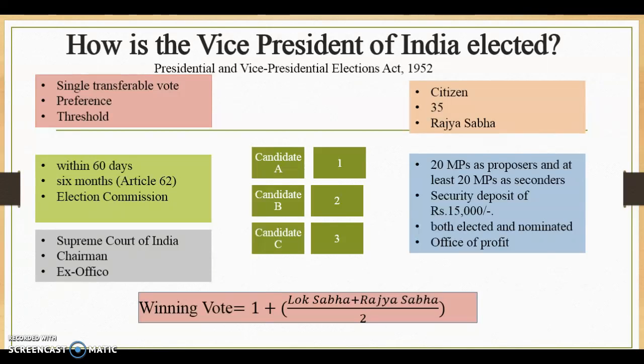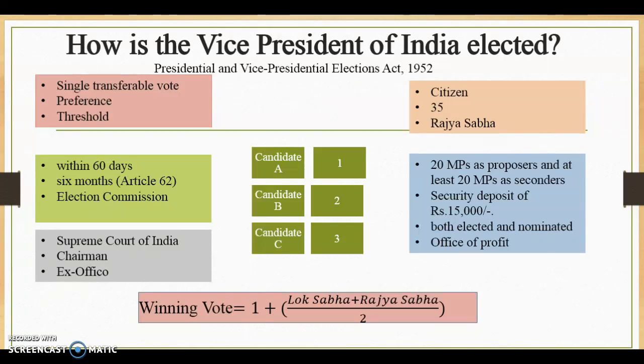And if in the first phase of the counting no candidate secures a clear majority, like 50% plus 1, then the candidate who has got the least number of votes is eliminated, and his votes will be added to the votes of the previous candidates, those who have secured more votes.